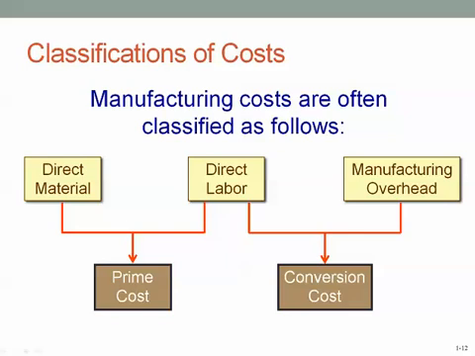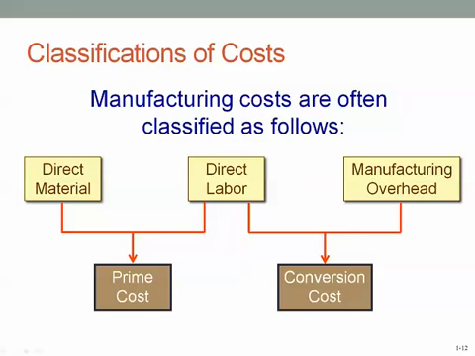Prime cost is simply the sum of direct material and direct labor costs, while conversion cost is simply the sum of direct labor and manufacturing overhead. The term conversion cost is used to describe the cost of direct labor and manufacturing overhead because we incur those costs to convert raw materials into a finished product.